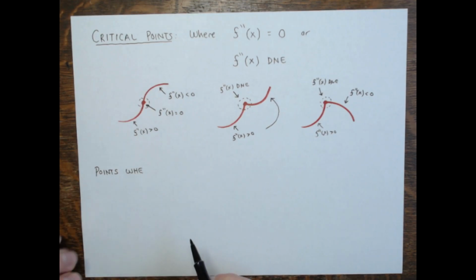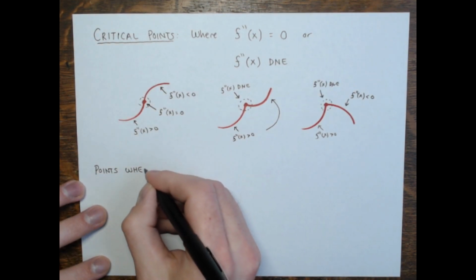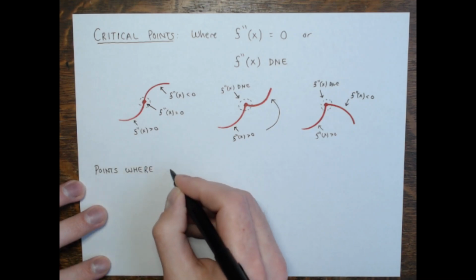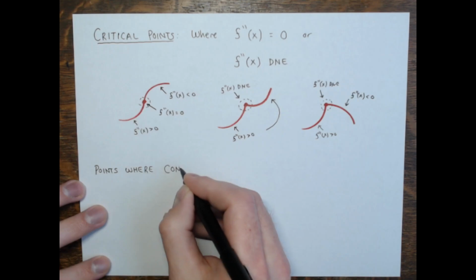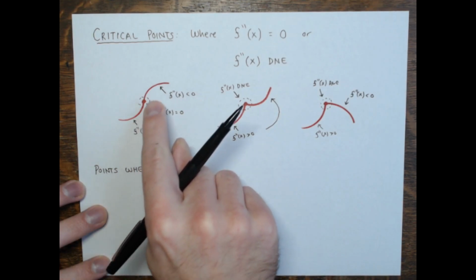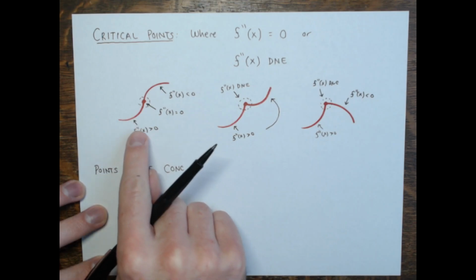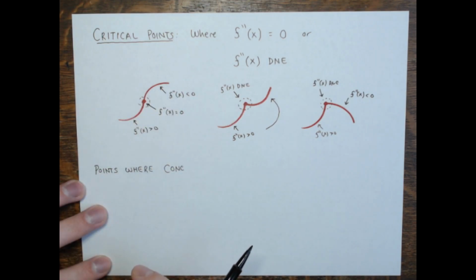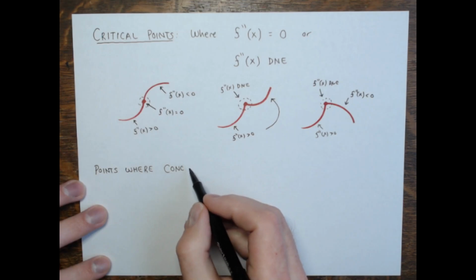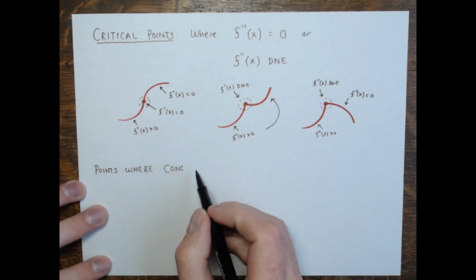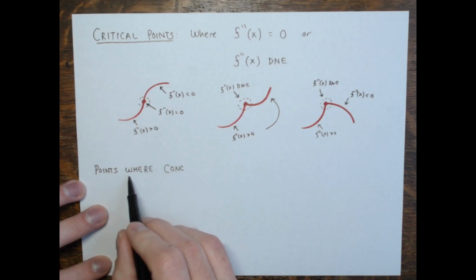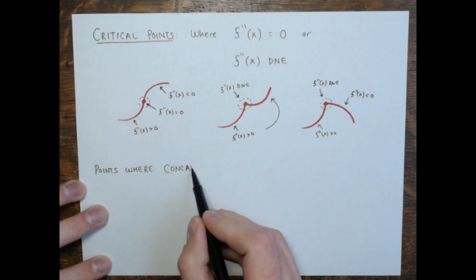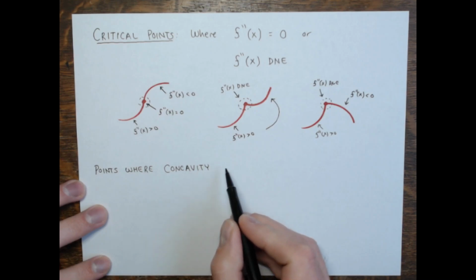are these things called inflection points. So points where concavity changes sign. So the value of the second derivative changes sign, goes from positive to negative or negative to positive. That's where we're going to have these things called inflection points. Again, points where concavity changes.